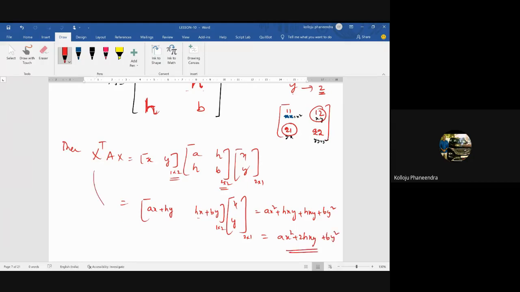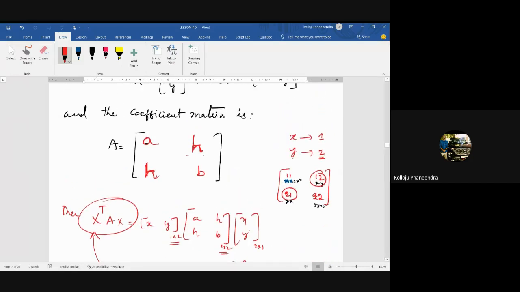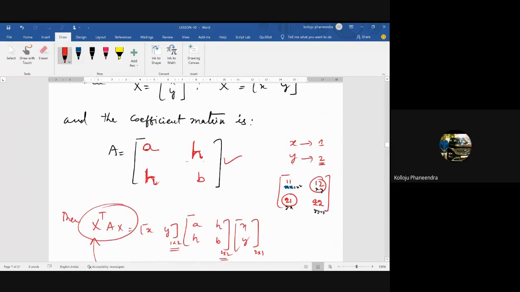So each quadratic form can be written in matrix form as x transpose A x. Once again I will explain how to write this. x stands for 1, y stands for 2. Assume like that; I'm just taking a dummy notation. Then the 1 position means x into x. The x square coefficient is A. Place A in the 1 1 position. Same logic for the 2 2 position, that is y into y.